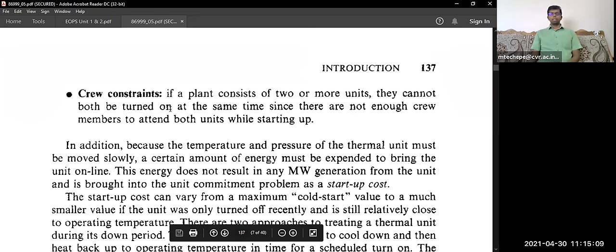Next is crew constraints. If the plant consists of two or more units, they cannot both be turned on at the same time, since there are not enough crew members to attend both units while starting up. Suppose three generating units are there. They will not turn on all three units at a time. Why?